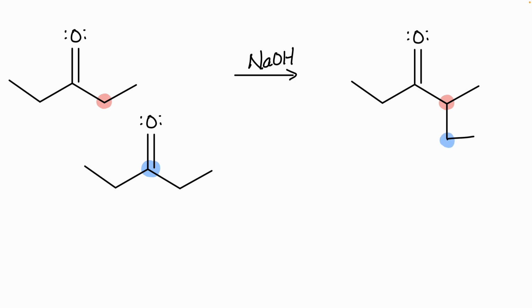So now I have to draw in that oxygen as well as my carbons on either side. And that carbonyl oxygen of my electrophile will become an alcohol in my product. So this is our aldol addition product here.